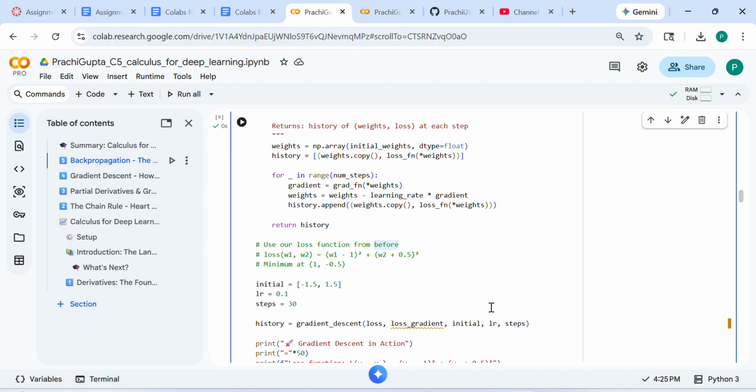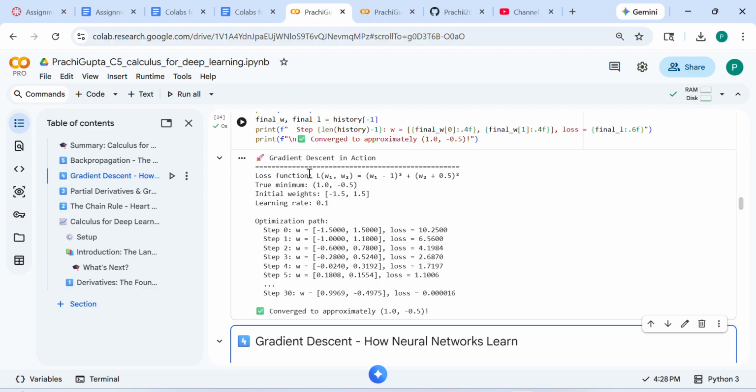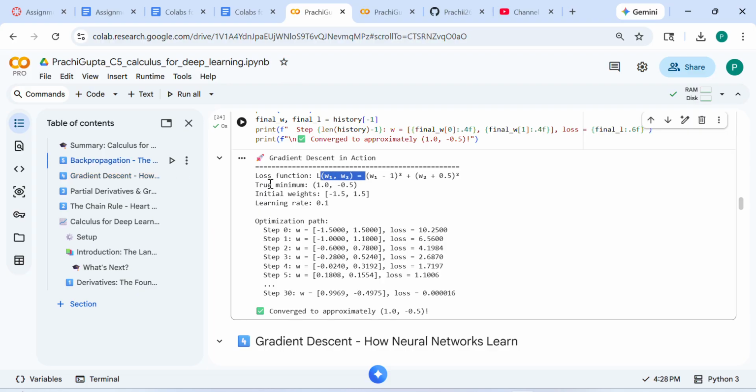So I'll just run this. We have one loss function, the true minimum, the initial weights, and a learning rate. In step 1 the weights were this and the loss was 10. Then we adjusted our weights and our loss decreased. Then we again adjusted the weights and the loss decreased.